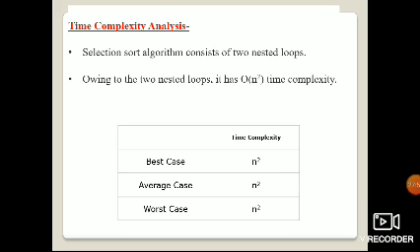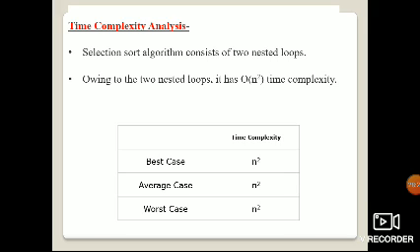We have 3 cases we will be using: best case, worst case, and average case. What is the best case? Best case is nothing but the algorithm takes minimum time to execute for the given input. The less time, that is the best. If it takes the maximum time to execute, it takes a lot of time, so it is the worst case.